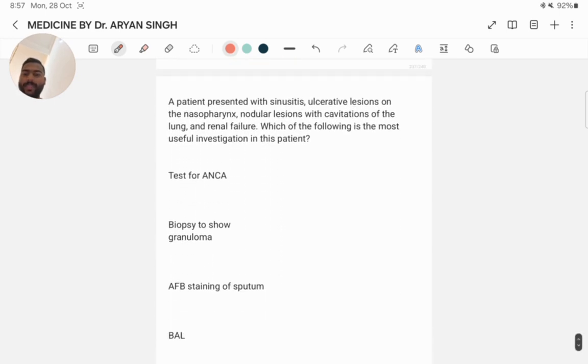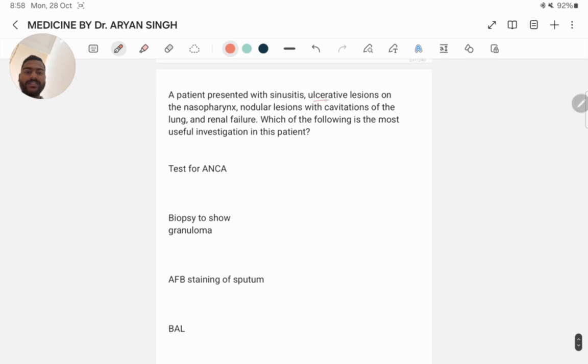Next question. A patient presented with sinusitis, ulcerative lesion on the nasopharynx, nodular lesion with cavitation of the lungs, and renal failure. Which of the following is the most useful investigation in the patient? Test for ANCA, biopsy to show granuloma, AFB staining of sputum, or BAL.